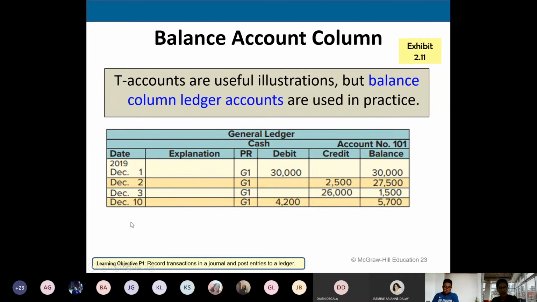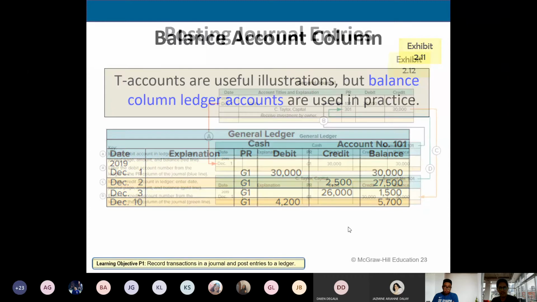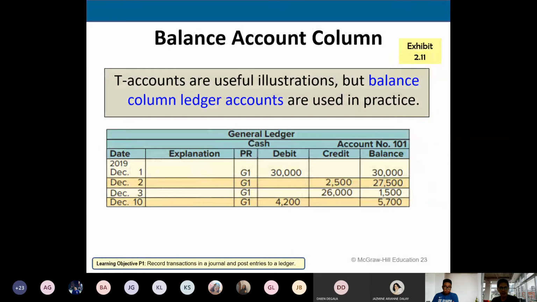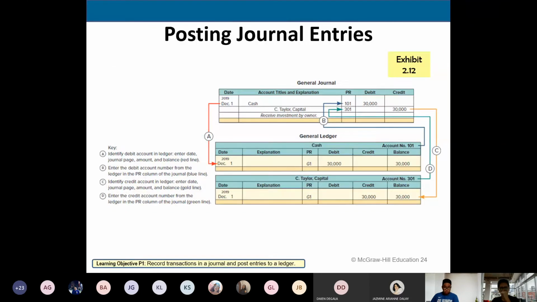Okay, so nung December 10, nadagdagan ng 4.2, kaya pag inadd mo yung 1.5 sa 4.2, meron siyang 5.7 na balance as of December 10. Tama ba? Naintindihan? Yes po, sir.